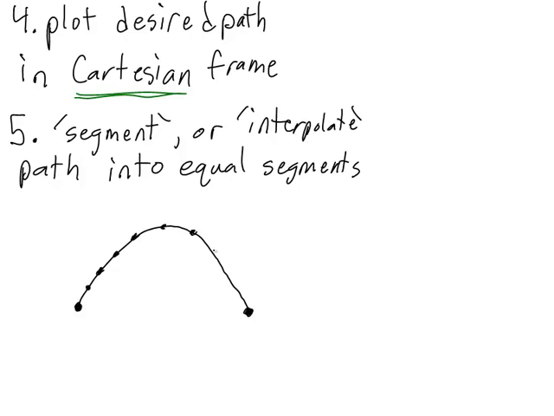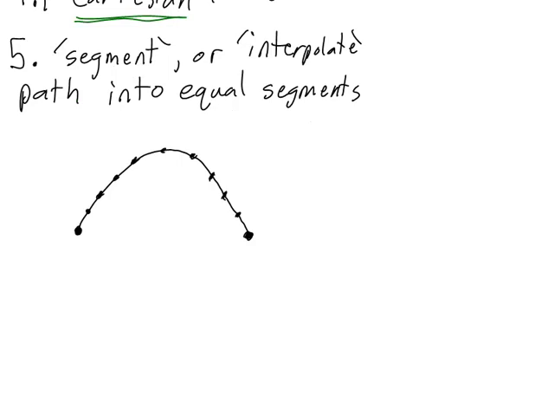And this is equal distance of the arc length or the path length. Finally, for step 6, we're going to convert these interpolated points back from the Cartesian frame to the configuration coordinates.